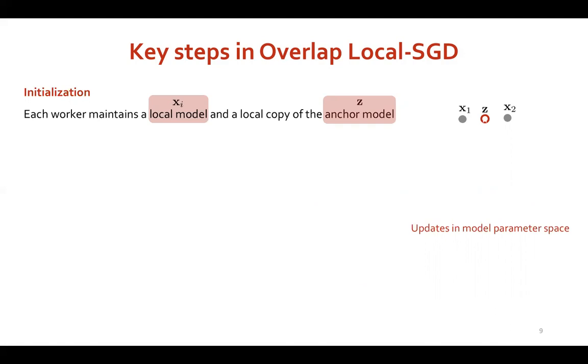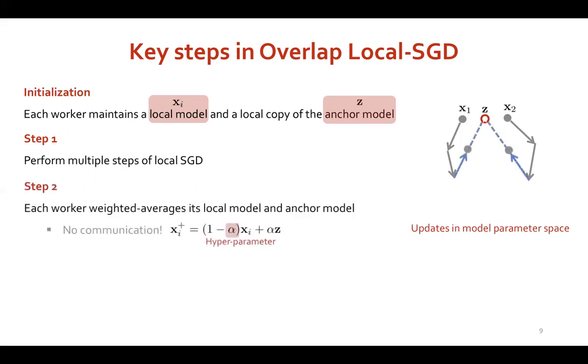Now, given these two model versions, in the first step of Overlap-Local-SGD, workers independently perform local SGD steps. These can be tau local steps of SGD performed using their own partitions of the dataset. And after doing these local steps, in step 2, workers average their local model with the anchor model.